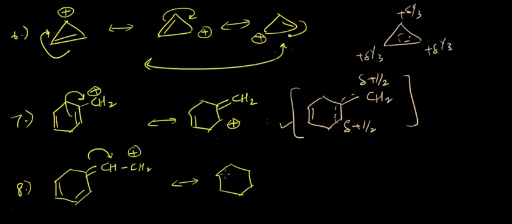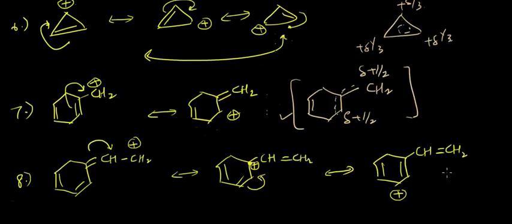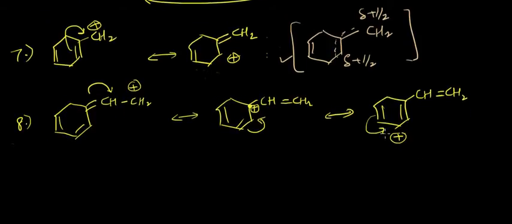We can have something like a positive charge on this carbon atom, double bond here, then again the positive charge can shift here, creating a positive charge on the lowermost carbon atom in the ring. Then what can happen is, again this double bond is in conjugation with the positive charge, so we can have something like this.